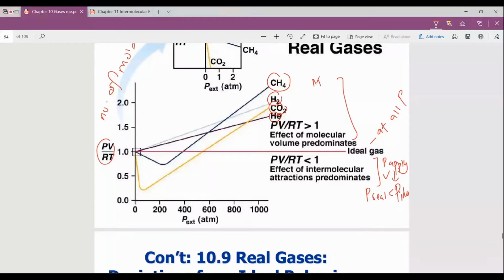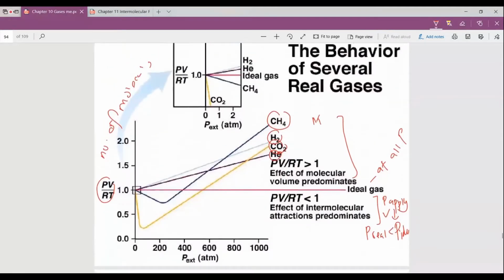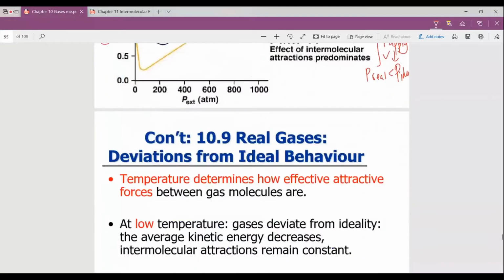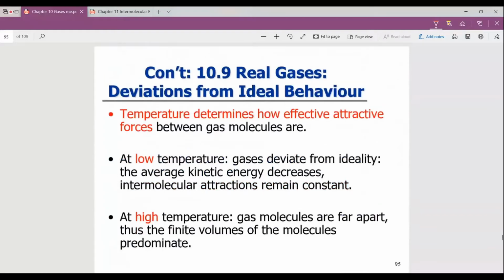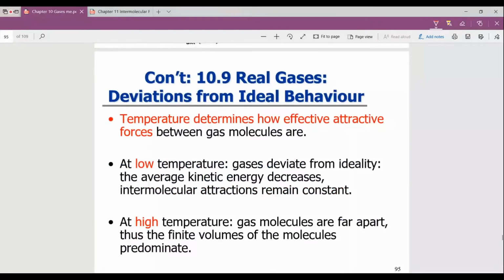After the pressure, we have the temperature that affects the gas. In any real gas, the molecules can attract one another, so temperature determines how effective the attraction force is between the gas molecules. How do we know this? Look at low and high temperature.